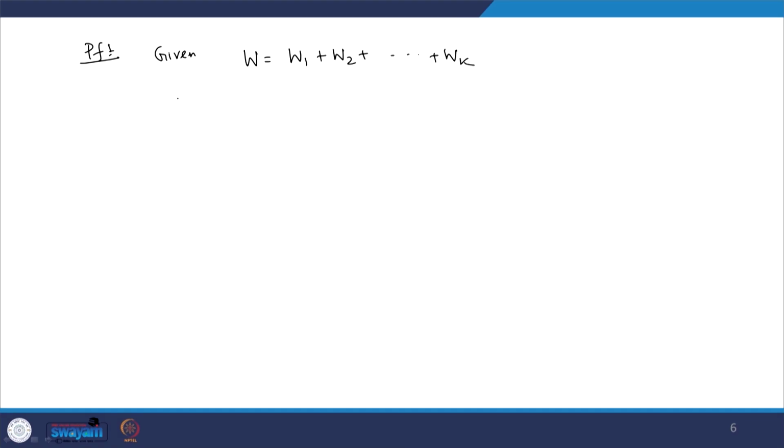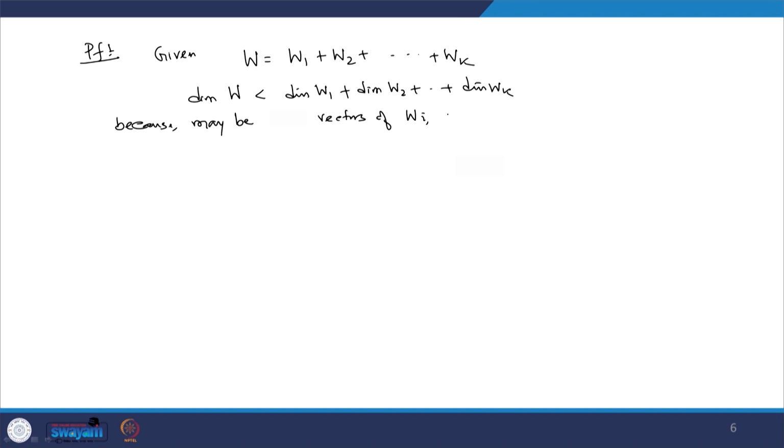Apparently, we would see that dimension of W will be less than dimension of W1 plus dimension of W2 plus ... plus dimension of Wk, because maybe some vectors of Wi, i equal to 1 to k, are related.